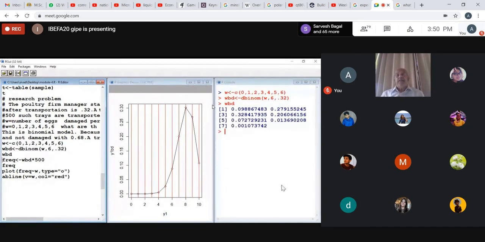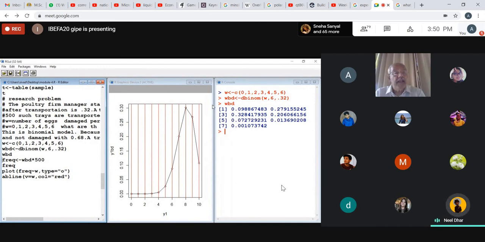Tell me, what are these probabilities? I have used dbinom. So these are the probabilities of zero eggs being damaged, one egg being damaged, two eggs being damaged, till 6 eggs being damaged. In a tray, sir. A tray. Very good. It would be beneficial if we multiply these numbers by 500.